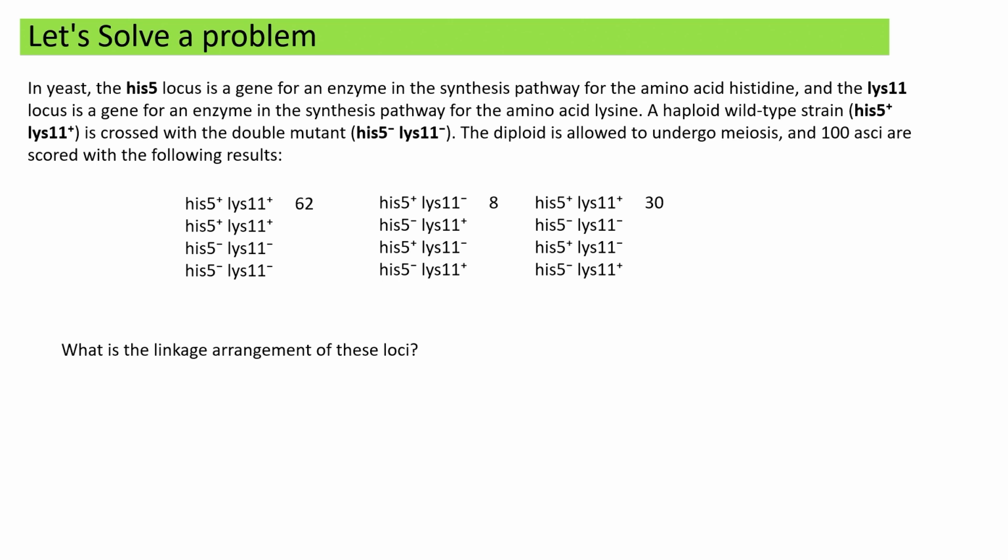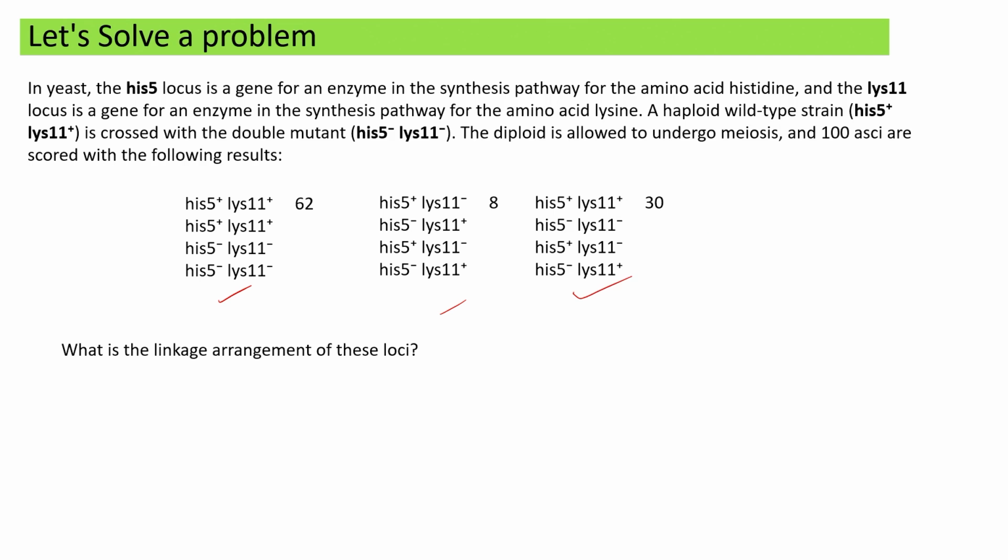A haploid wild type strain His5 plus and Lys11 plus is crossed with the double mutant His5 minus and Lys11 minus. The diploid is allowed to undergo meiosis, and 100 asci are scored with the following results. So you already have the results for different types of asci.